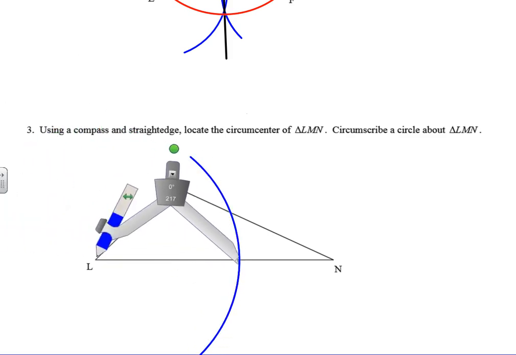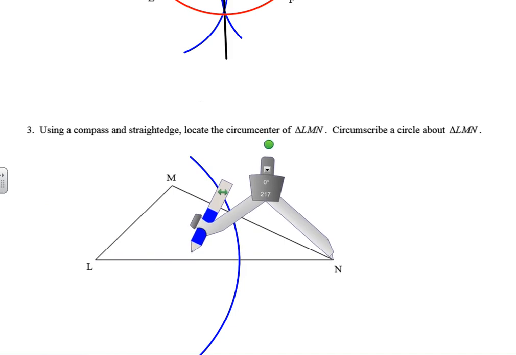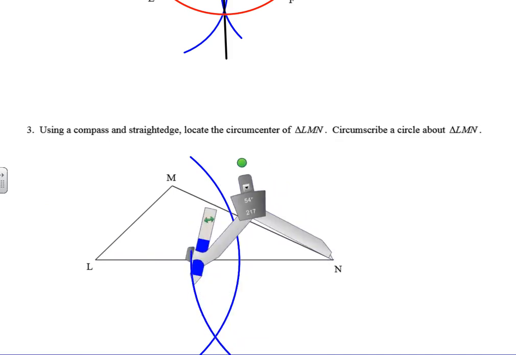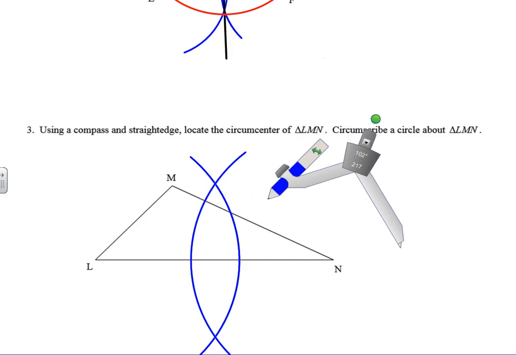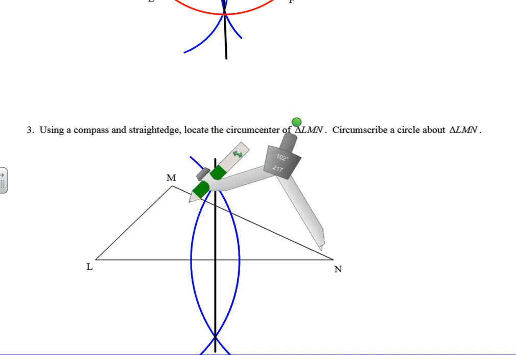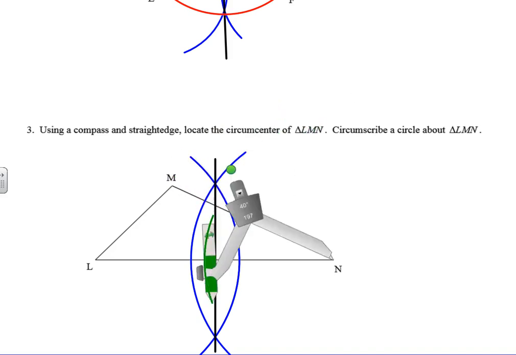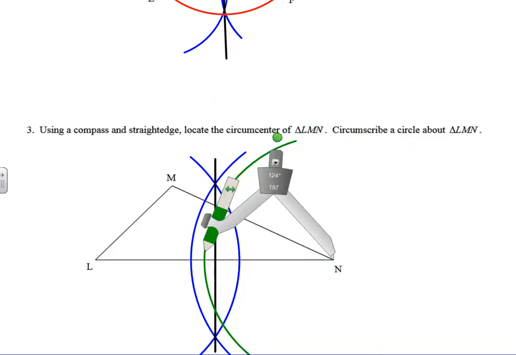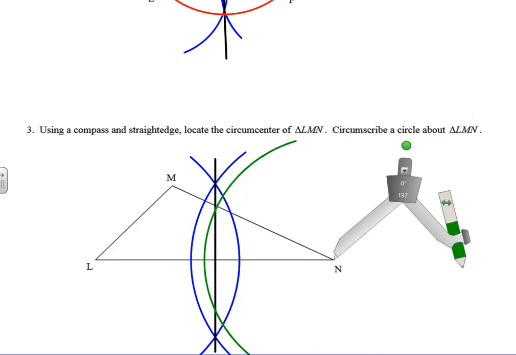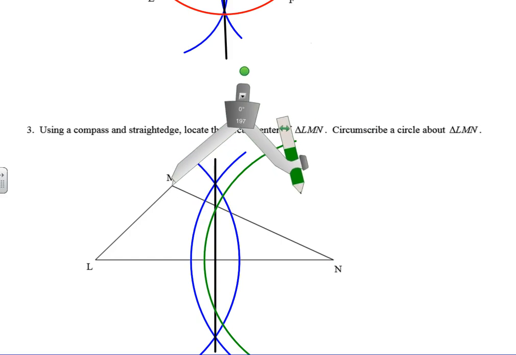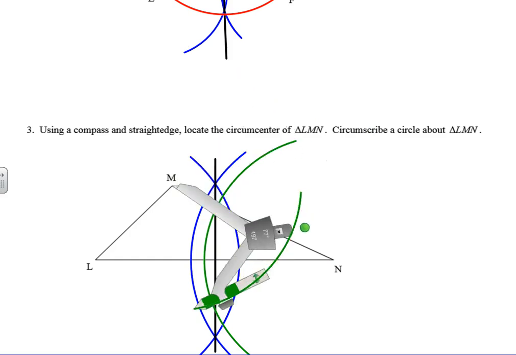One of the things people sometimes start thinking is that the bisector has to come out of the vertex, and keep in mind that the perpendicular bisector doesn't need to come out of that vertex. Okay, so there's one. Doesn't matter which one we do. I'll do this one just to help you see that that's not so critical. All right, come over here.